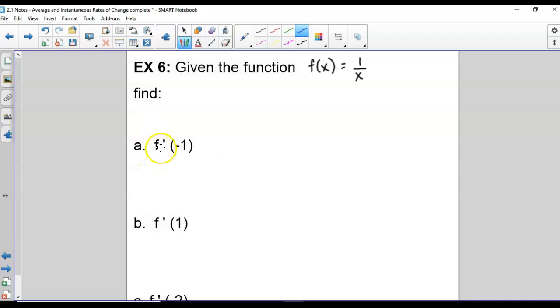Okay, and I think I used this notation before, f with the little tick mark behind it.